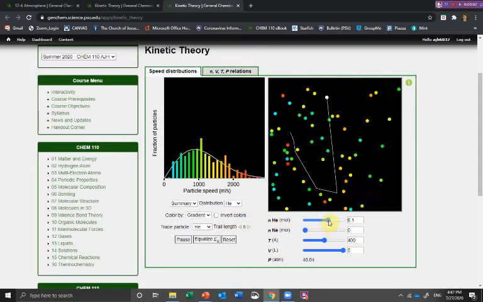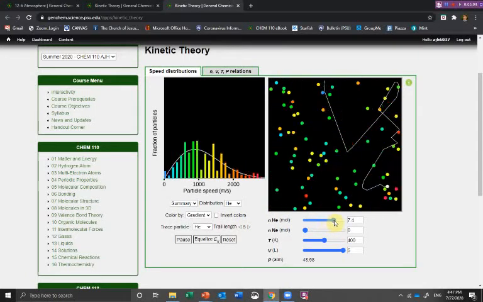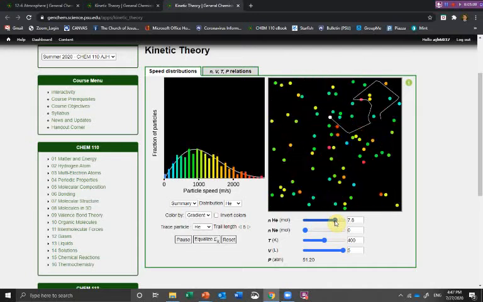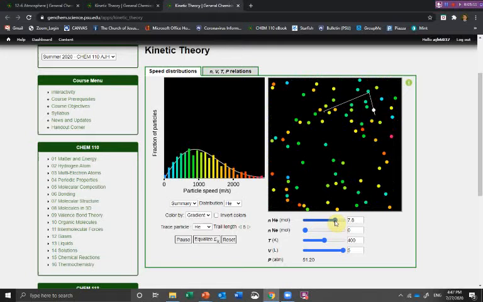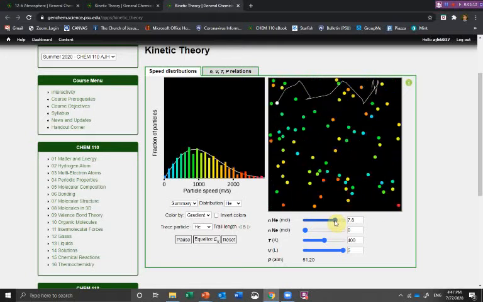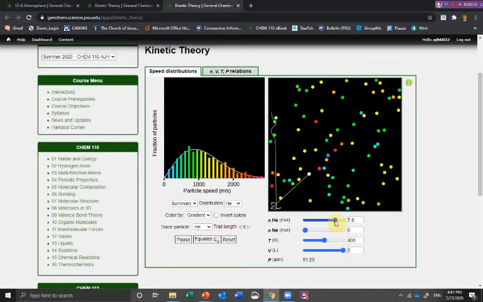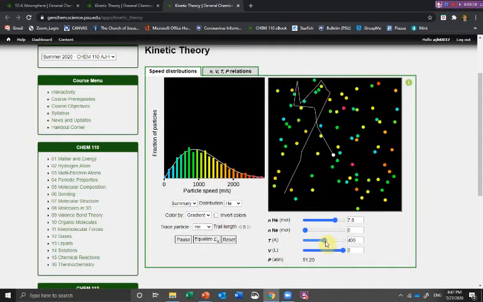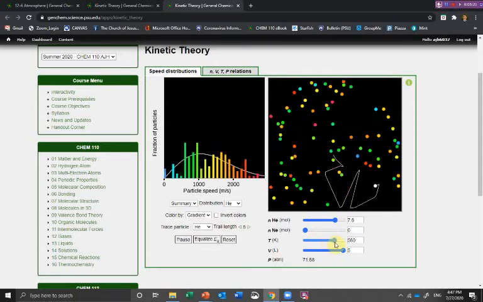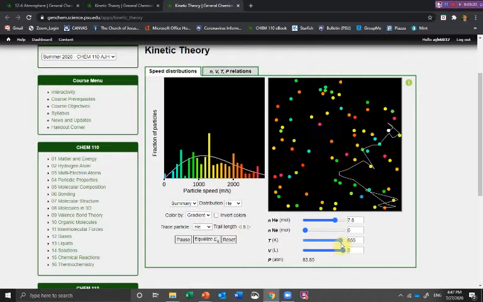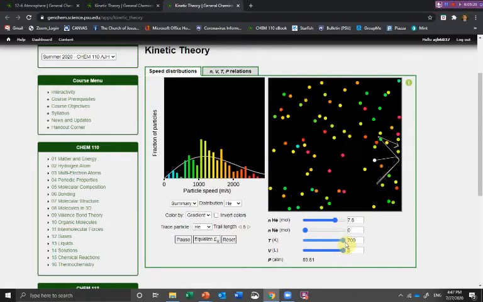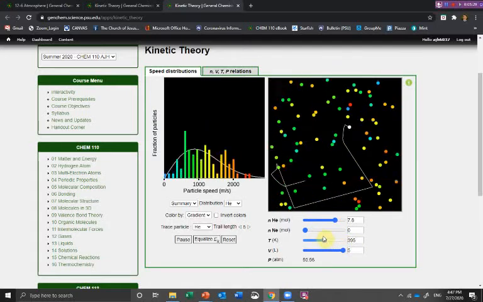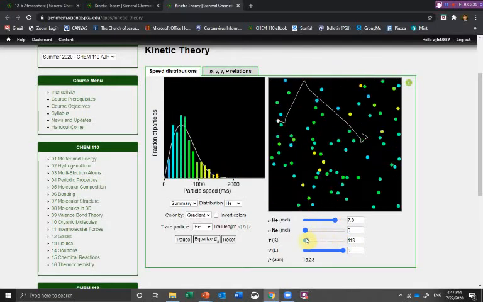Again, as we change the pressure or the number of particles, initially we might get some disruption of our system, but overall it's going to go back and form the average distribution, what we call the Boltzmann distribution. If I change the temperature, we can see that that changes our distribution. Higher temperatures are going to lead to higher overall speeds, whereas lower temperatures lead to lower overall and average speeds.